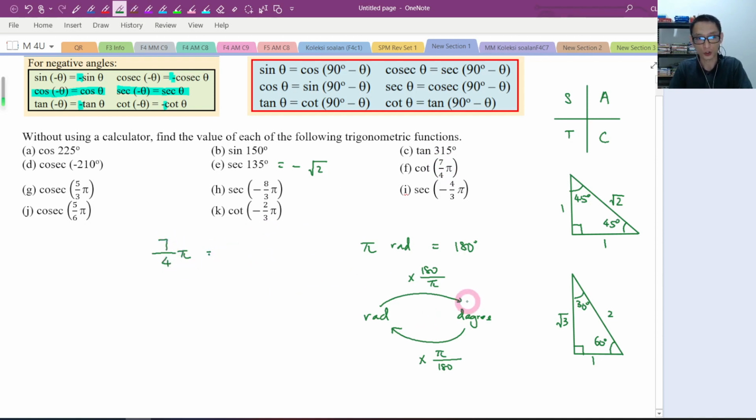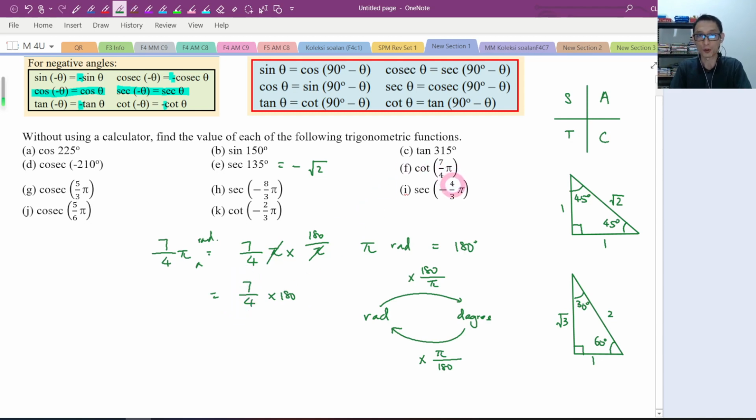To change to degree, it will become 7/4 pi times 180 over pi. This is in radian, let me write radian over here. What you notice here is the pi will cancel out each other. So at the end, we only have 180 and 7/4, right?